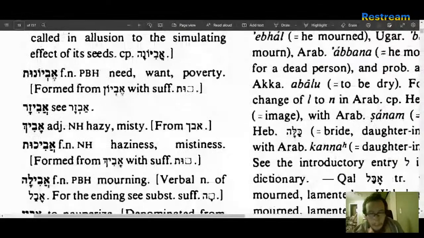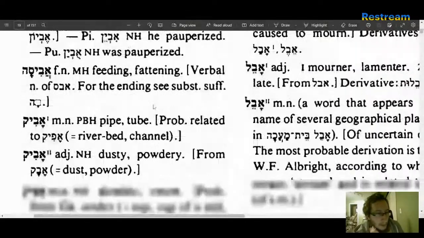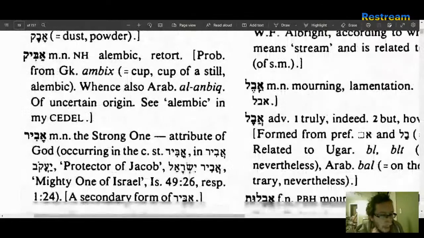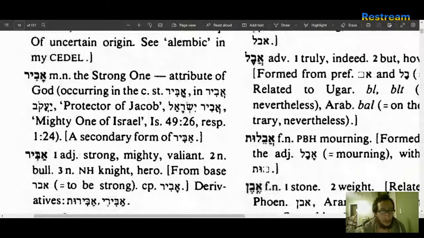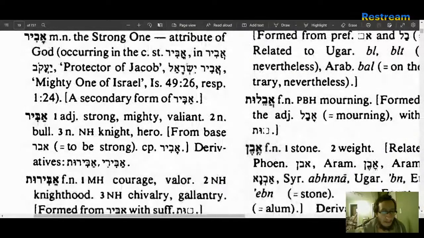So now we go to the comprehensive dictionary. Where's Aber? I believe it's down at the bottom. Yeah, so the strong one, it's an attribute of God. Aber is strong, mighty, valiant. Can be referred to as a bull because a bull is a strong animal.